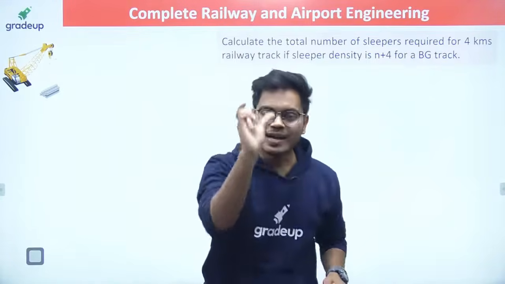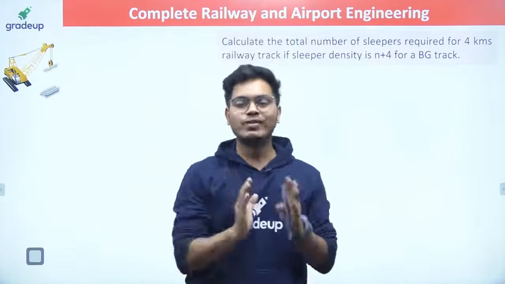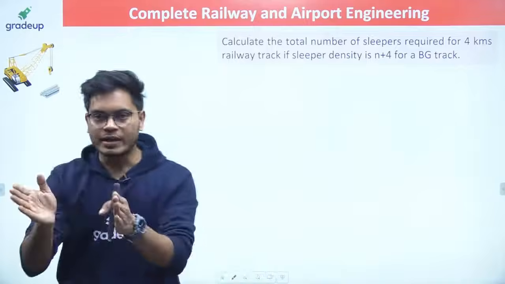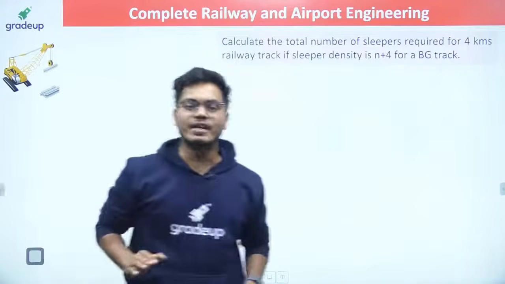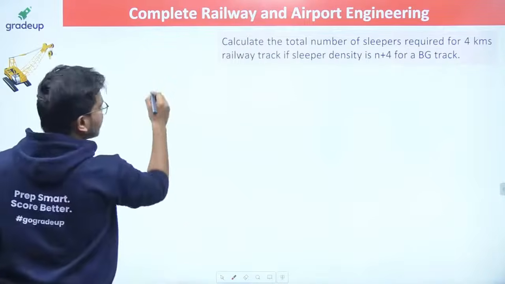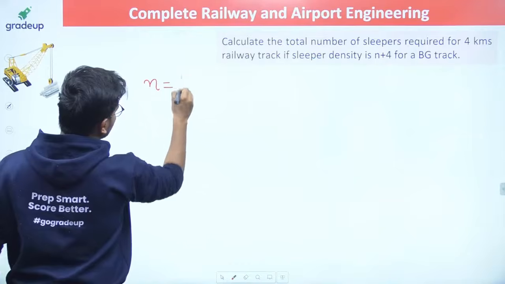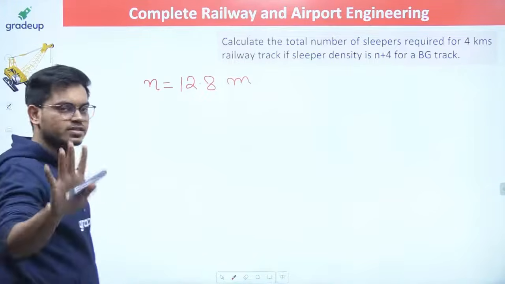So one rail length of broad gauge is 12.8 meters. I will add 12.8 plus 12.8 plus 12.8 and so on to make 160 kilometers of rail. Broad gauge will be asked in the examination, don't worry.